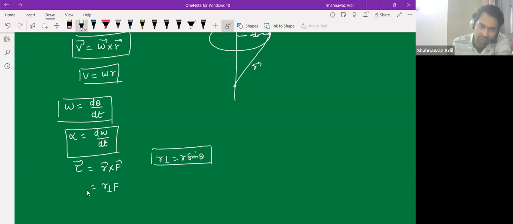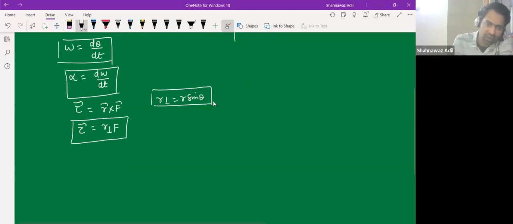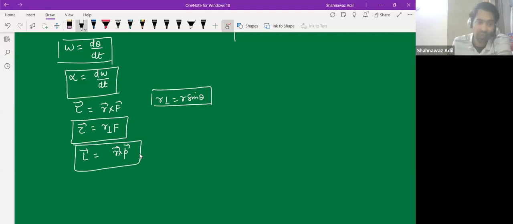So this we saw in the previous class, and then we saw the angular momentum, which was r cross p, where this p was the momentum. So this is the rotational analog of the linear momentum, and this was the angular momentum.